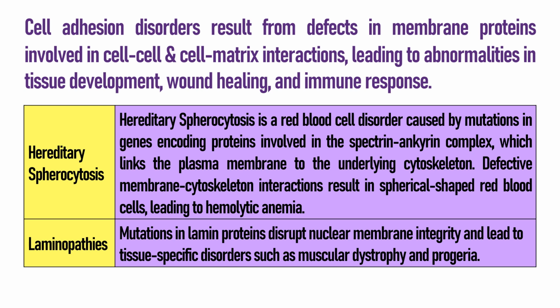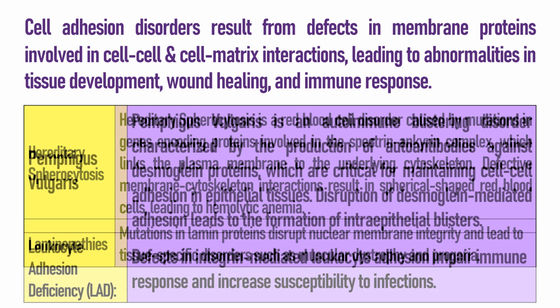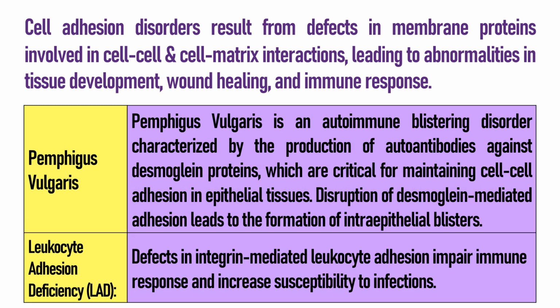In laminopathies, mutations in lamin proteins disrupt nuclear membrane integrity and cause tissue-specific disorders, such as muscular dystrophy and progeria. Pemphigus vulgaris is an autoimmune blistering disorder characterized by the production of autoantibodies against desmoglein proteins, which are critical for maintaining cell-cell adhesion in epithelial tissues.